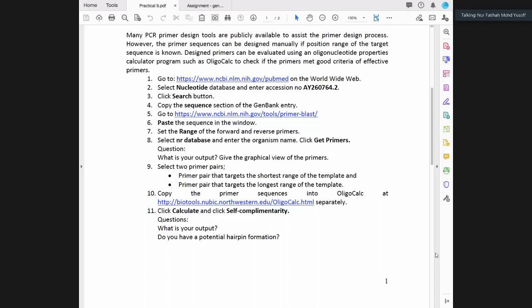All right, I have a question. What is the application of inserting the RE site in the primer? Anyone want to answer before I pick someone? Can I try to guess?